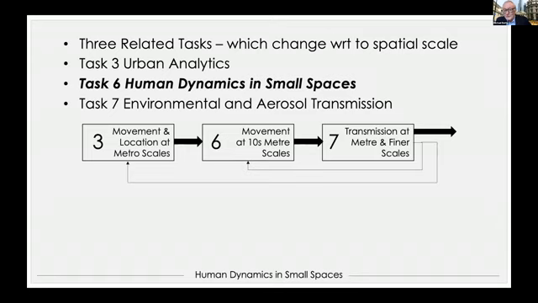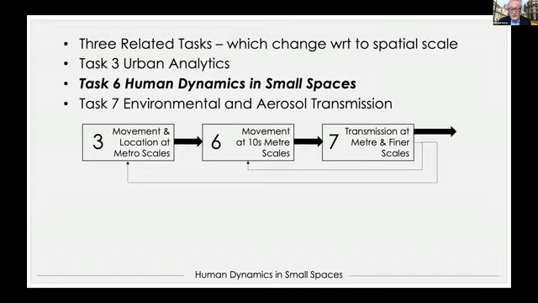And then, of course, down into what Paul Linden and Chris Payne have been organising, which is the transmission at meter and much finer scales. There are some conundrums and difficulties of moving between scales and changing resolution, from areal aggregates to agents through to, as Ed Galea told us this morning, the actual aerosol transmission itself.